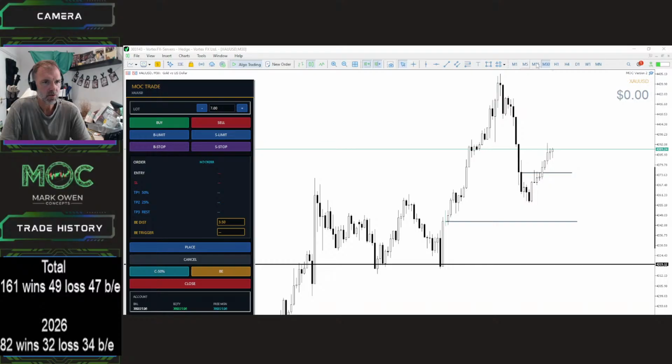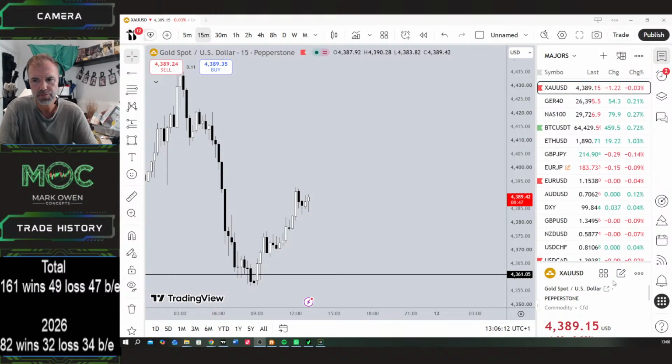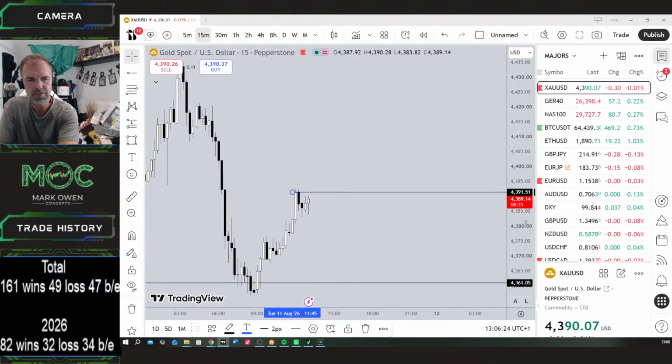Right, okay, so what we're looking for. Setups for me. Let's just go to TradingView and then we'll start analyzing the chart. We're going to be looking for buys if we get a close above 4391.51.